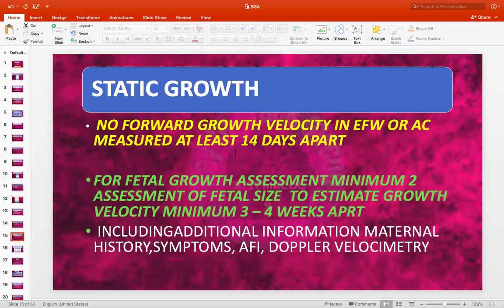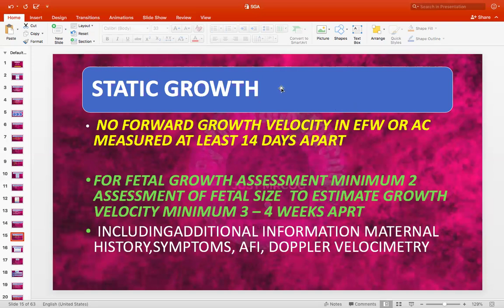Static growth, earlier we were considering it 21 days. Now, when there is no forward growth velocity in estimated fetal weight or abdominal circumference measured at least 14 days apart.